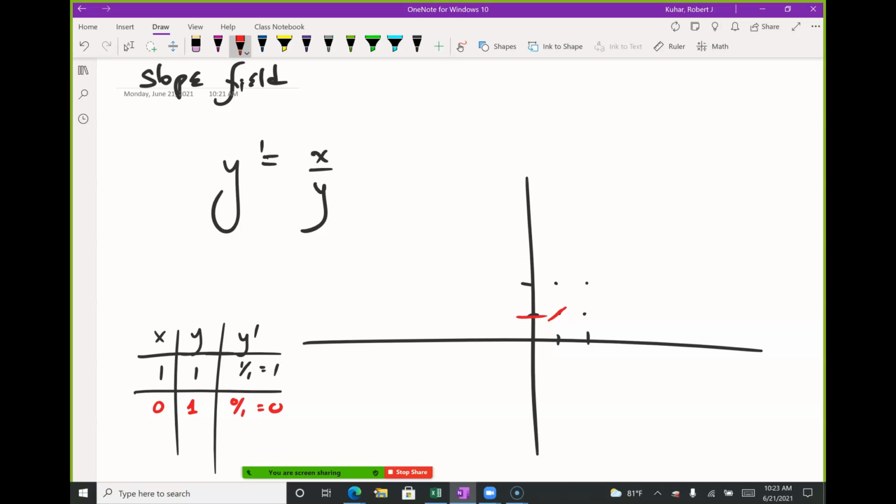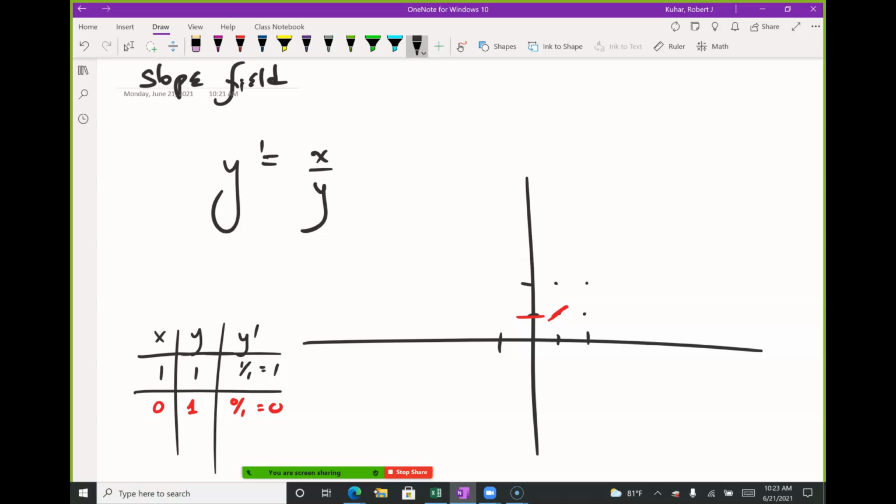So at 0, 1, I have this slope. And you can already see it's catching my parabola. Remember my initial value solution or my general solution? You can see it's already kind of catching that.